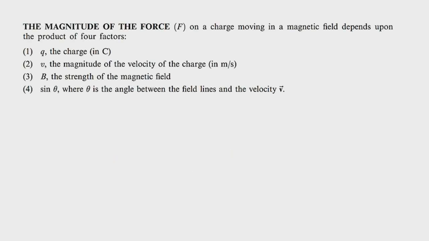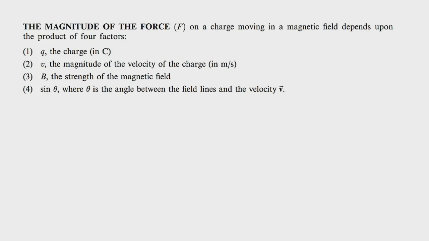The magnitude of the force, given by the symbol capital F, is the force experienced by a moving charge in a magnetic field. The magnitude of this force is dependent on the product of four factors.